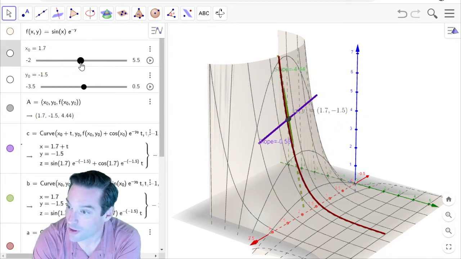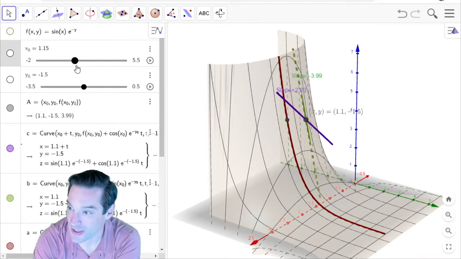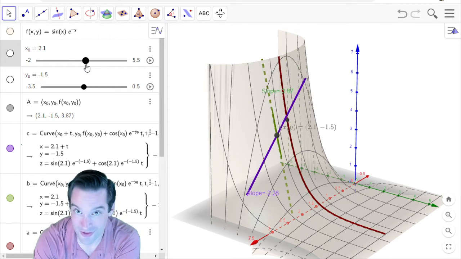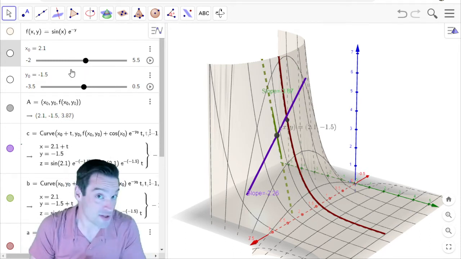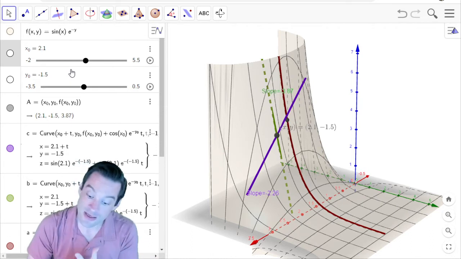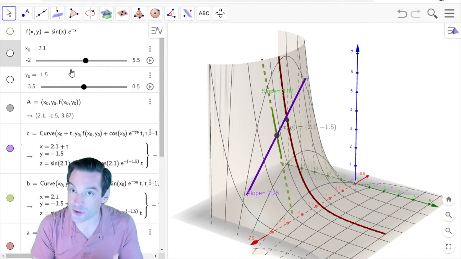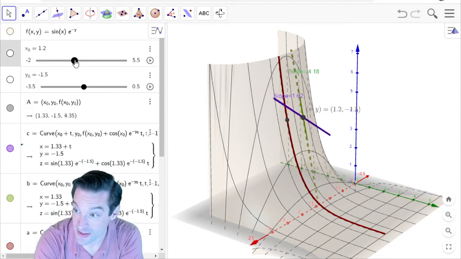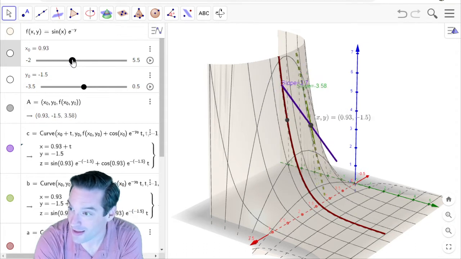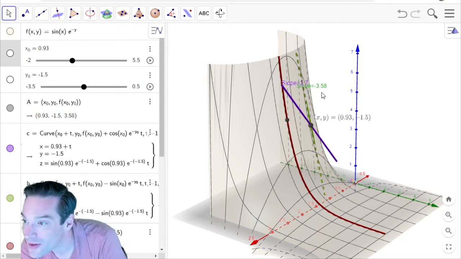But what if instead of looking at the purple slope, we looked at the green slope at the same time? So what are the slopes of the green lines doing as we cross through this point? That would be asking, how does the green slope, which is a y partial derivative, depend upon changes in the x direction? So we would be looking at the x partial derivative of the y partial derivatives if we're varying x and looking at the green slopes instead. So if I do that, my slope here at the beginning, at smaller values of x, is something like negative 3.58.